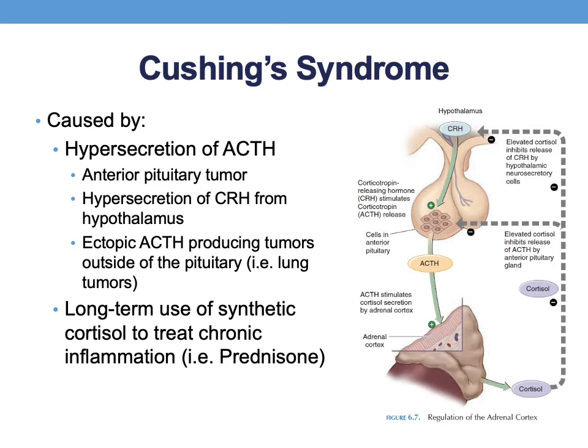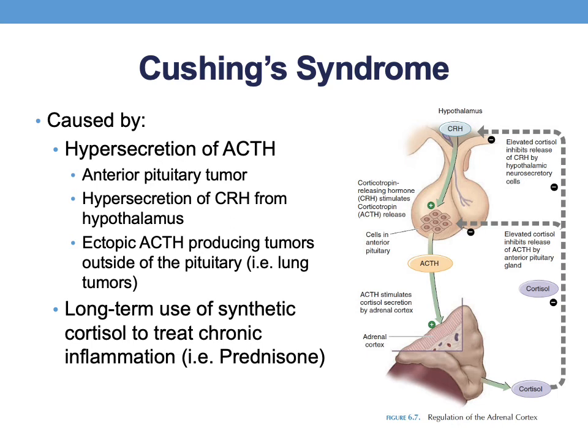This can be caused by a tumor in the anterior pituitary. It also can be caused by a problem with the hypothalamus, hypersecreting corticotropin releasing hormone. And it also can be caused by ectopic tissue that produces adrenocorticotropic hormone, which could have migrated off during the embryology phase, and it is often found in the lungs.